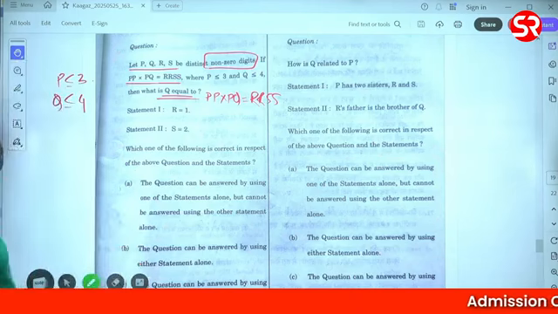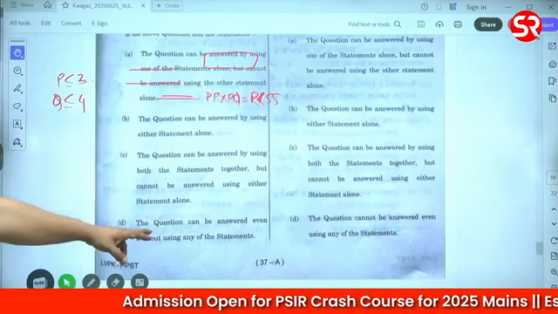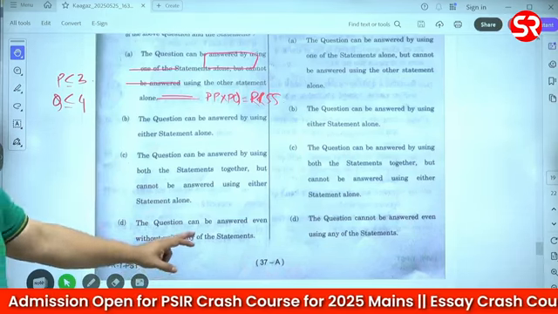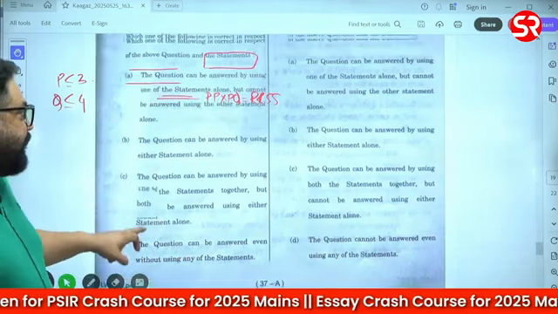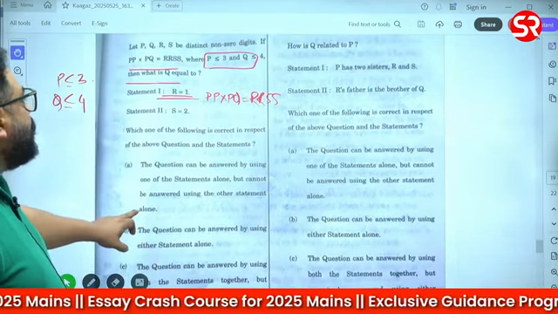He is asking the value of Q. I just want to check the options once. Is there that option, the question can be answered even without using a statement, guys? This may be a clue.